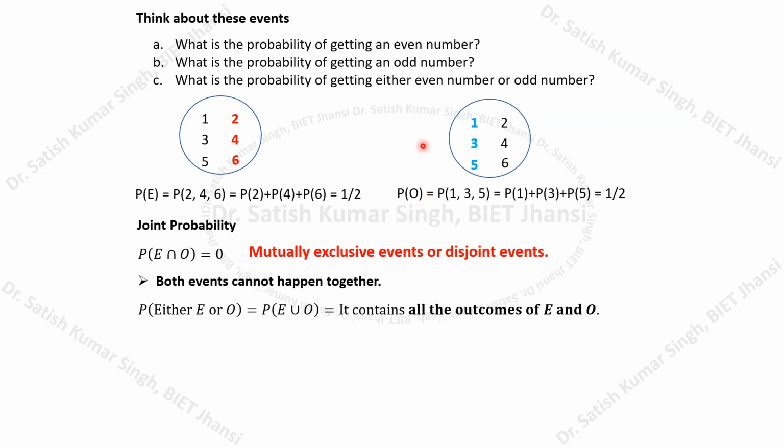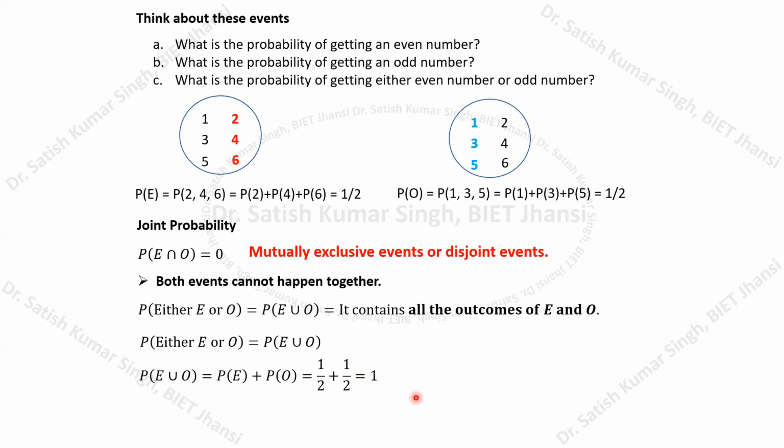Here it is covering 2, 4, 6 and it is covering 1, 3, 5. So obviously the probability of getting either an even number or an odd number is equal to 1. It is very simple to prove: P of E or O equals 1 by 2 plus 1 by 2, and this probability is 1.